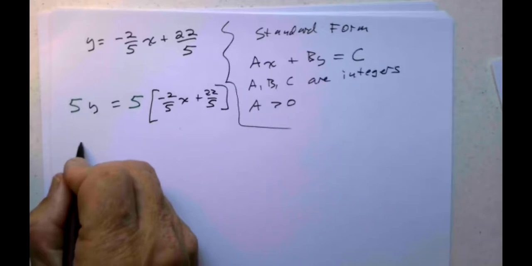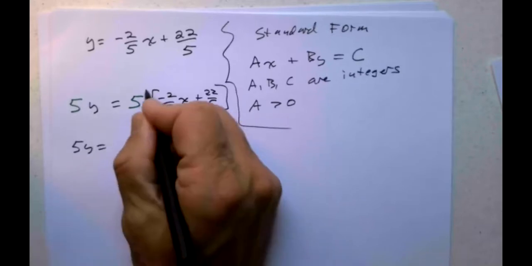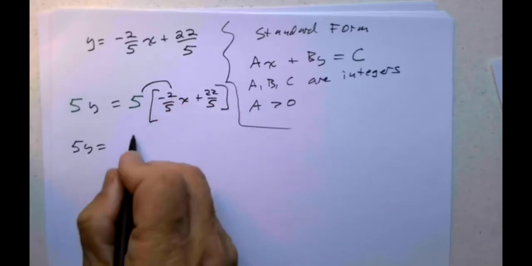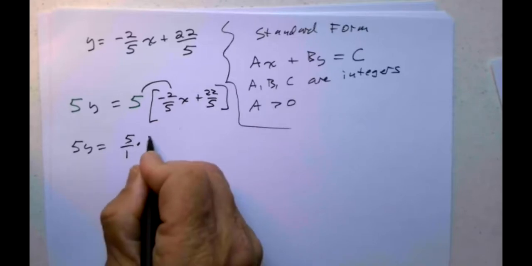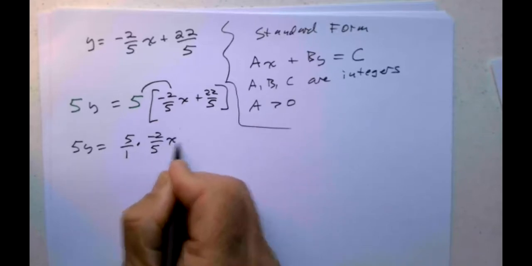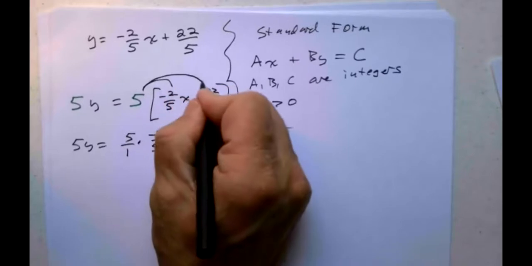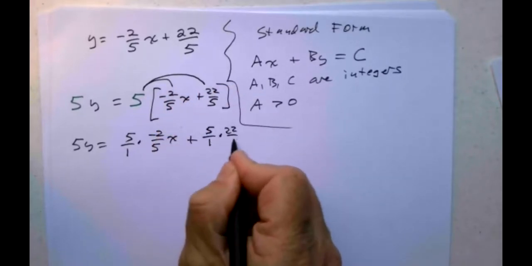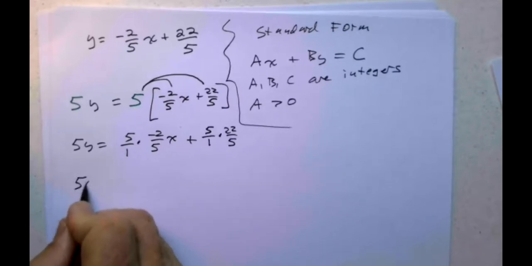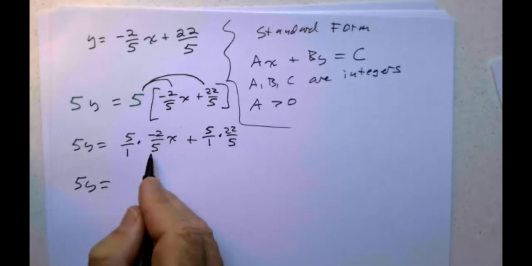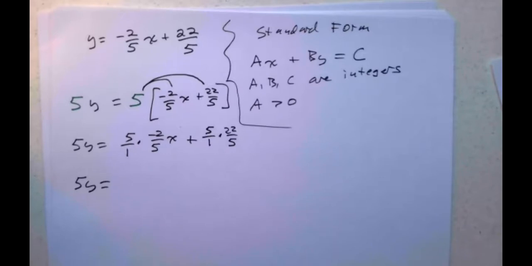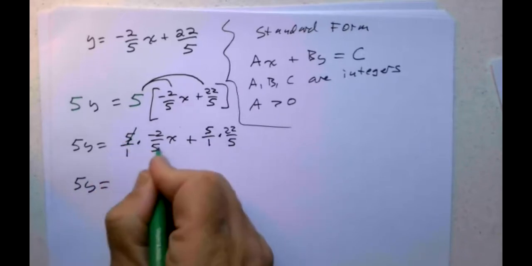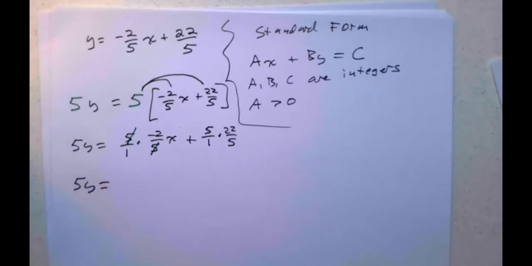So we get 5y equals 5 over 1 times negative 2 over 5 x plus 5 over 1 times 22 over 5. Now you could take negative 10 divided by 5 as negative 2, but notice, divide the top by 5, divide the bottom by 5, and I just get negative 2x.